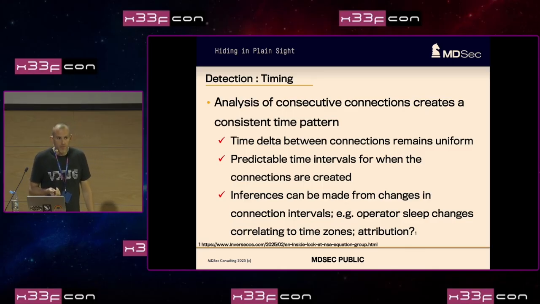A good example of this is the attribution that was done by China when they unpicked some of the alleged Equation Group attacks on a Chinese university. And one of the factors that they used in their attribution was that 98% of all the hands-on keyboard work occurred between 9 a.m. and 4 p.m. Eastern time. So that gave them an indication that it was probably a US-based actor.